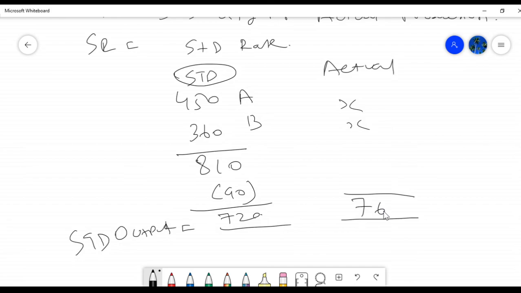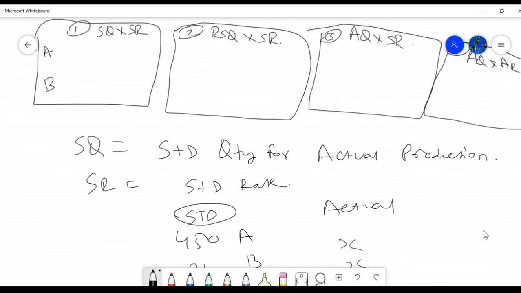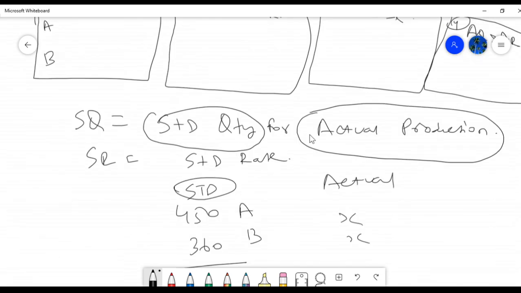Okay. So as per the formula, SQ means standard quantity for what production? Actual production. In this question, standard output and actual output are not the same.